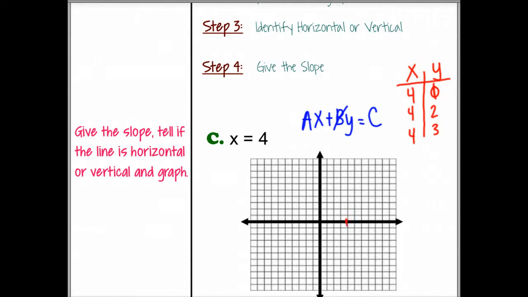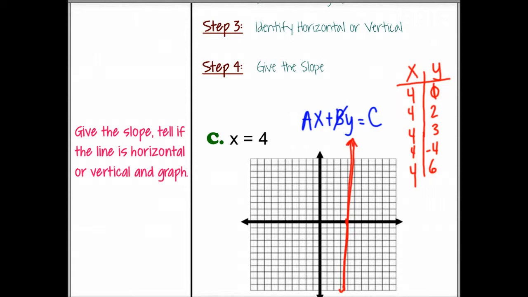X is always going to be equal to 4, so it's going to be any point falling on this line here. So we can have y equal to 1, y equal to negative 4, y equal to 6, and your x value is always going to be 4.